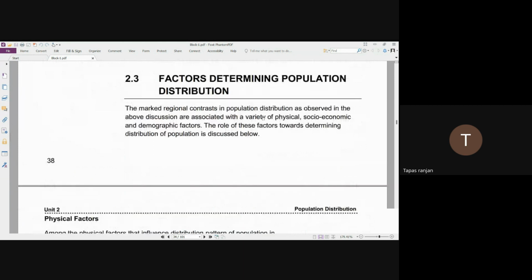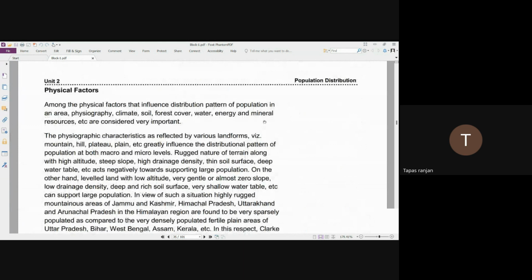Which are the different factors which determine the population distribution? Firstly, you have physical factors: physiography, climate, soil, forest cover, water, energy, and mineral resources. All these are physical factors, which are considered very important in terms of population distribution.